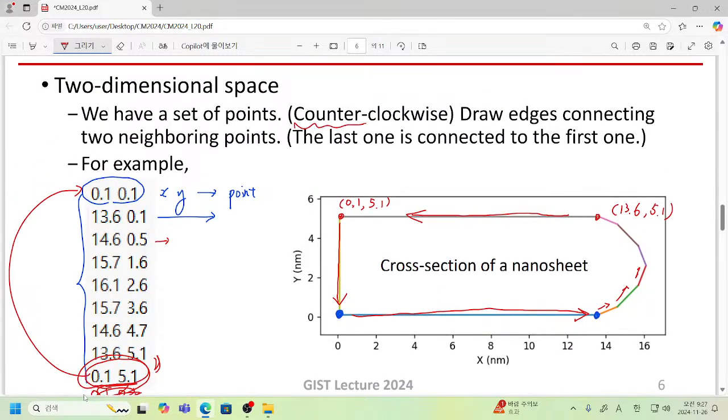So a counterclockwise description is shown. Of course, we can think about many different cases. Although we have considered counterclockwise, for example, we can ask our users to use clockwise, or sometimes we may make an even more free description. Why do we have to have such a disconnected line?